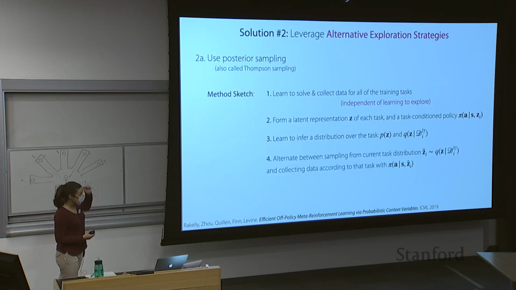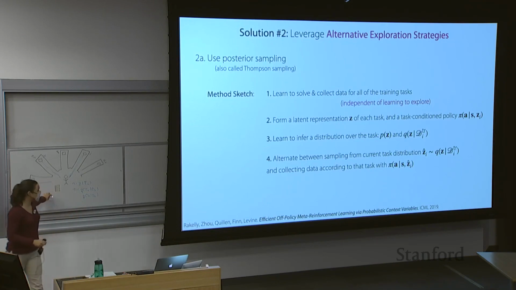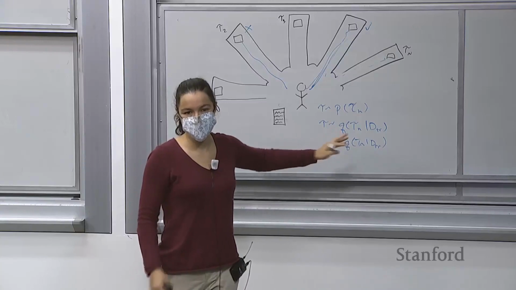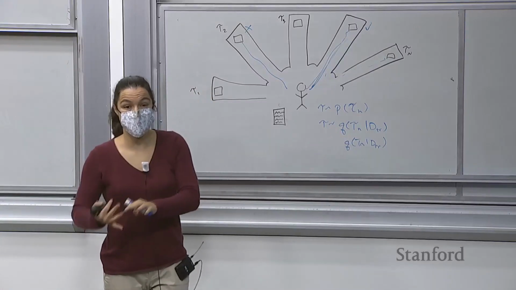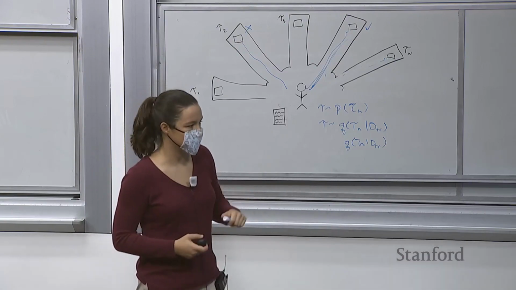And then lastly, once we have a policy conditioned on our task representation, as well as a distribution over what we think the task is, we can do this approach where we alternate between sampling from our current distribution over the task and sampling from the policy for that task. And this is what's known as posterior sampling.